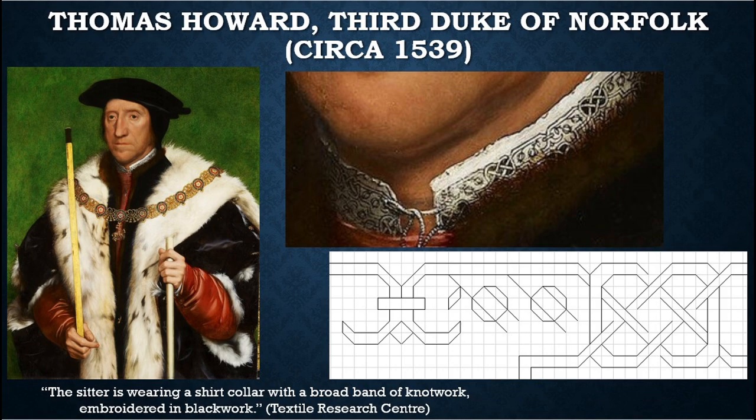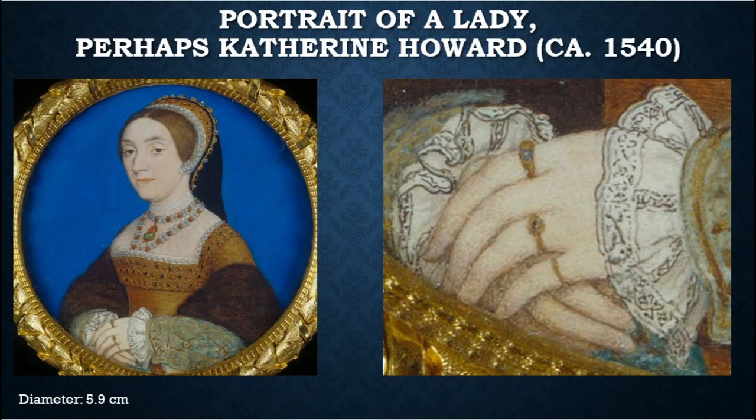Here is a portrait of a lady, and depending on what website you look at, the museum says perhaps Catherine Howard. Some websites might actually list this as being Anne of Cleves rather than Catherine Howard. The difference being Anne of Cleves was wife number 4 for Henry VIII, and Catherine Howard was wife number 5 of Henry VIII.